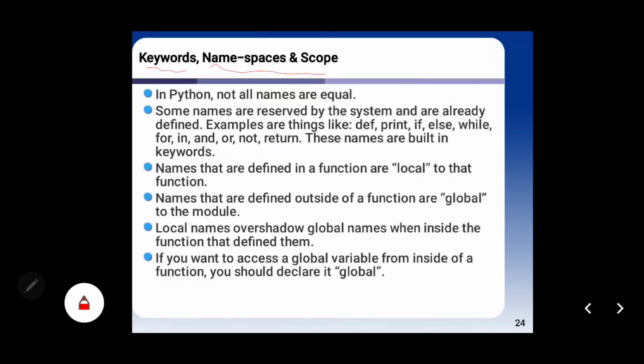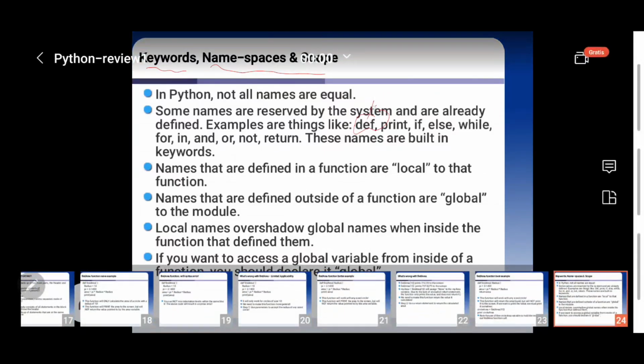In Python, not all names are equal. Some names are reserved by the system and are already defined. Examples are things like def. If you want to use a function, you can use the keyword def.